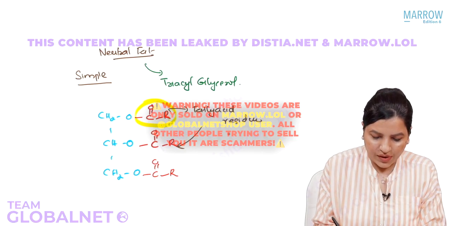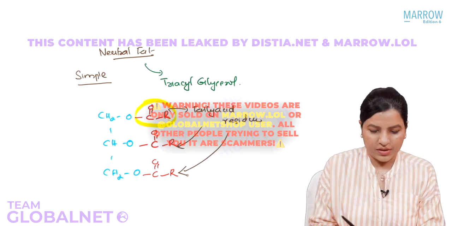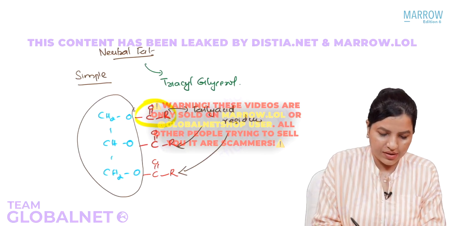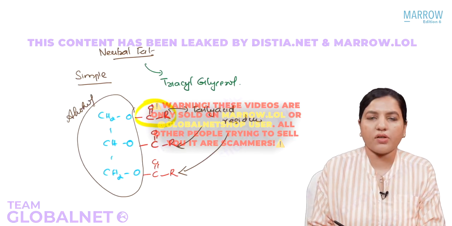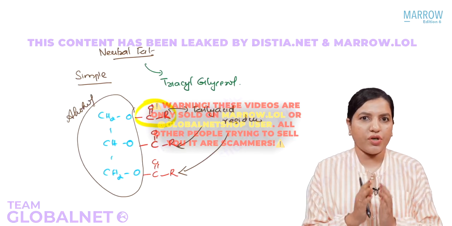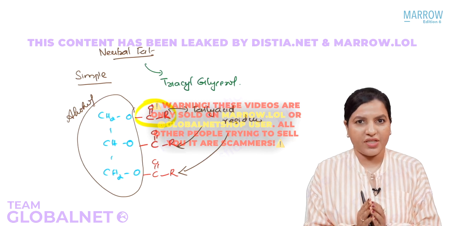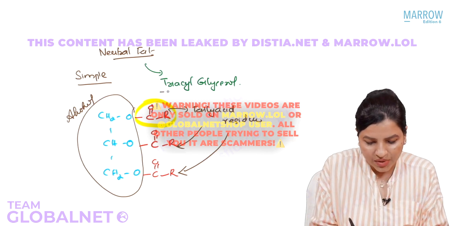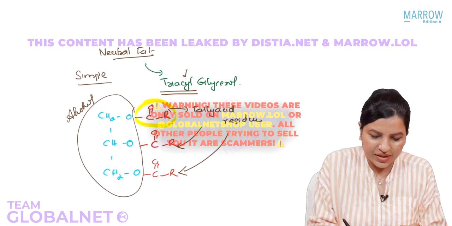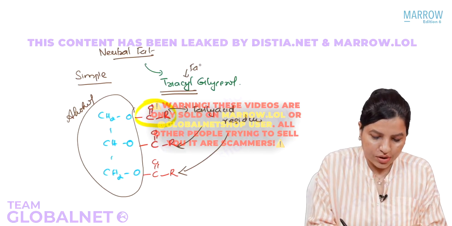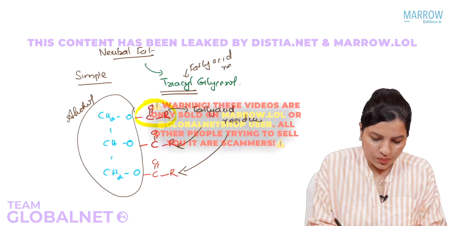So this is also a fatty acid residue, this is also a fatty acid residue, and what you are seeing here is an alcohol, that is glycerol. So you can see an alcohol is joining with 3 fatty acids. That is why the name triacylglycerol, because acyl means fatty acid residue.